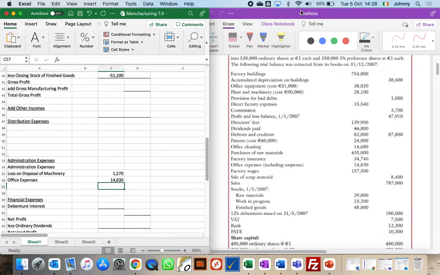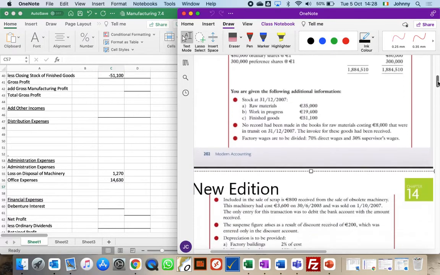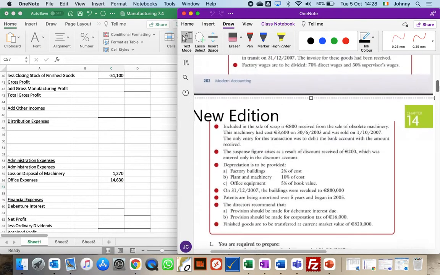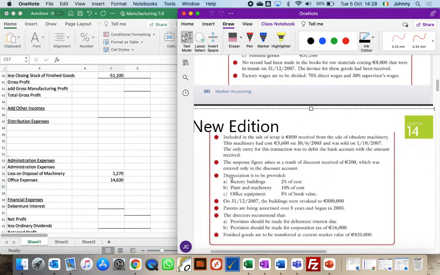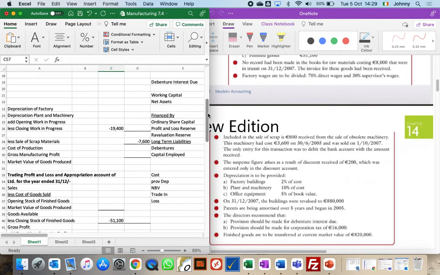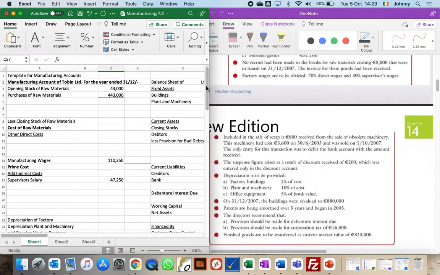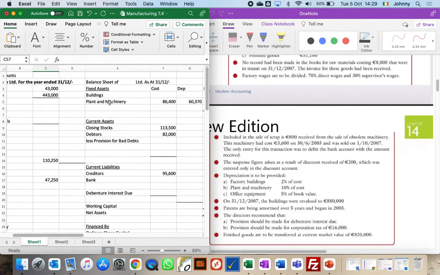Okay? And I'm just going to do one more. So we've dealt with suspense. Depreciation then, I presume you shouldn't have a problem doing depreciation. I'm just going to do the plant and machinery because we've messed with plant and machinery already a few minutes ago. Plant and machinery is 10% of cost. So I go up to plant and machinery, and plant and machinery is associated with the factory.